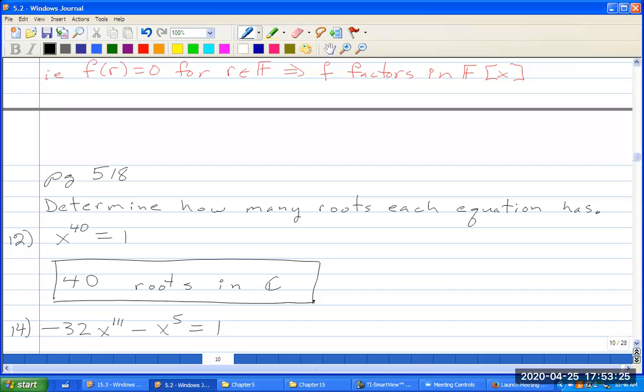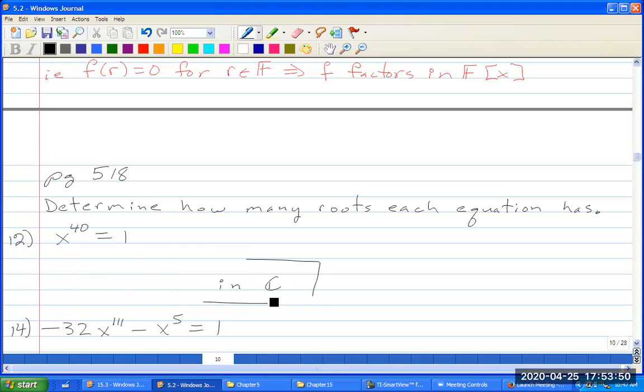Now, if I'm looking at something else, say the real numbers, there may be less than 40 roots. It'll depend on what they're asking you, so let me answer this in more than one way.